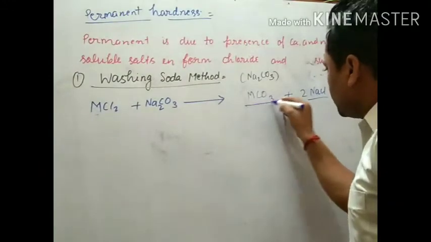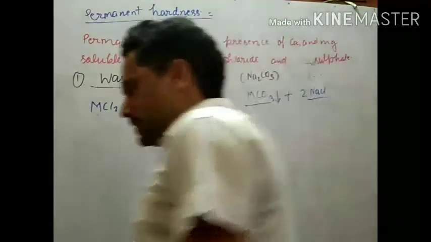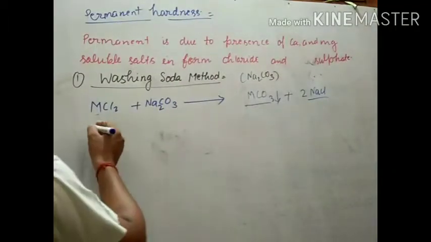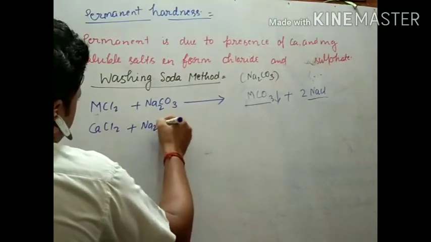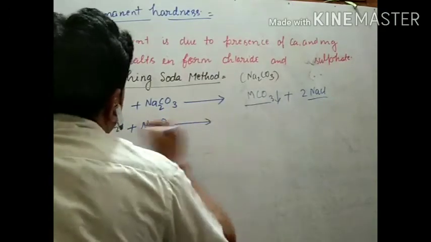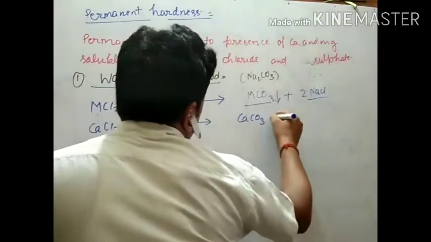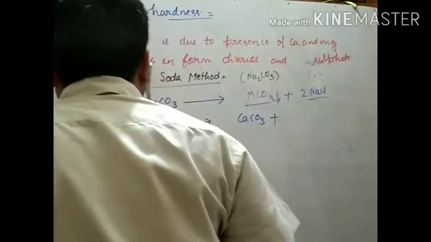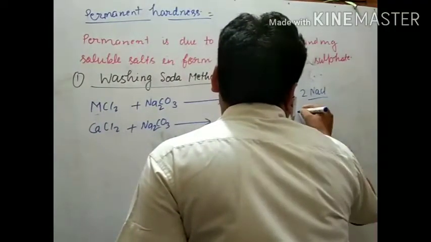This is soluble and this is insoluble. So instead of this, we can take calcium chloride plus Na2CO3. It forms calcium carbonate plus 2NaCl.